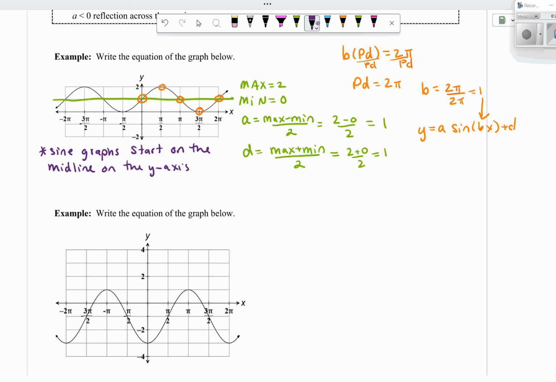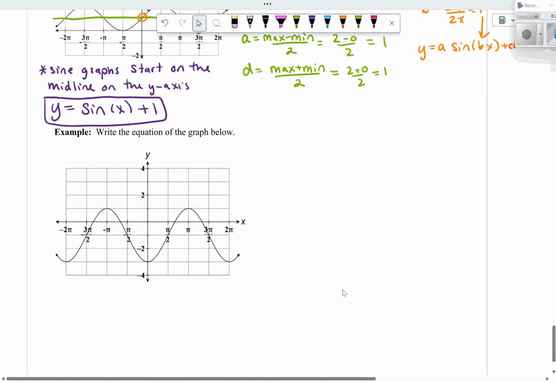So because it starts on the midline on the y-axis, I know this is a sine graph. So now I can go ahead and write the equation. My equation would be y equals the sine. Since our amplitude is 1, you don't need to write that 1 in front, but if you want to write the 1, you can. So 1 times the sine of x plus 1. That gives me the equation of my graph.